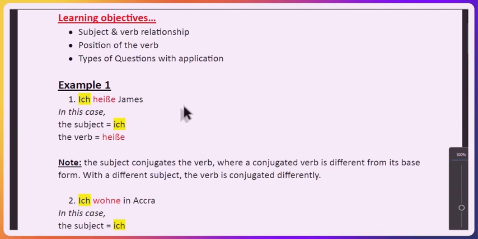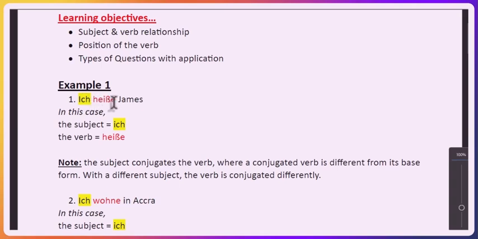It means my name is James, or I am James. That's the meaning.